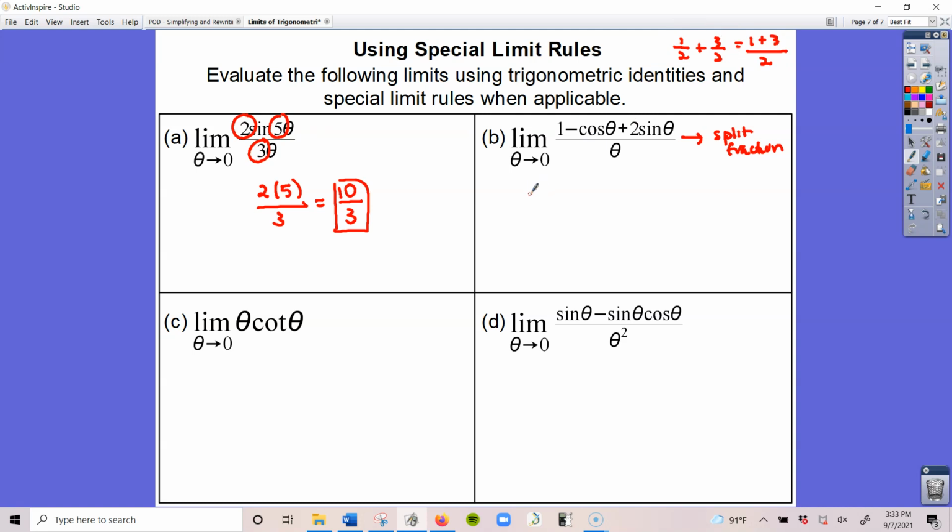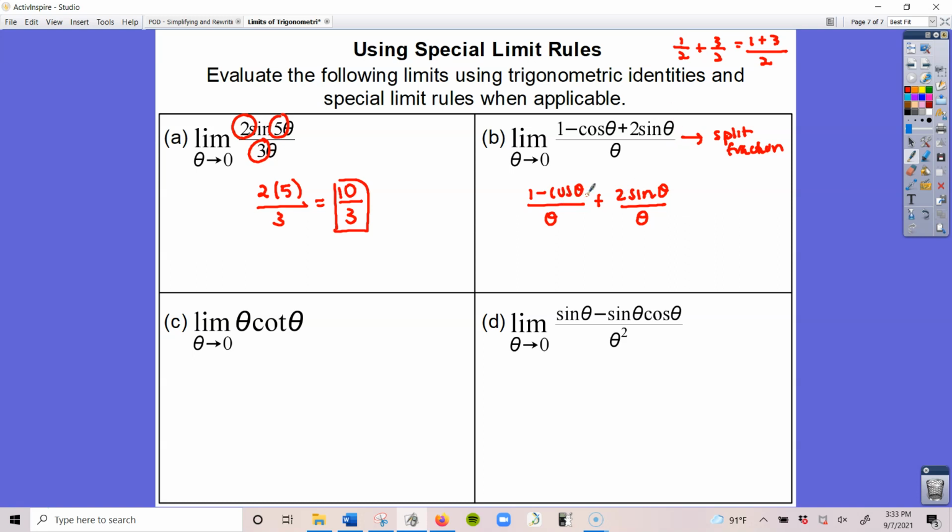So this would be 1 minus cosine theta over theta plus 2 sine theta over theta. This means the same thing because if we're adding, the denominators don't change, but we would add the numerators, which would give me this original limit here.